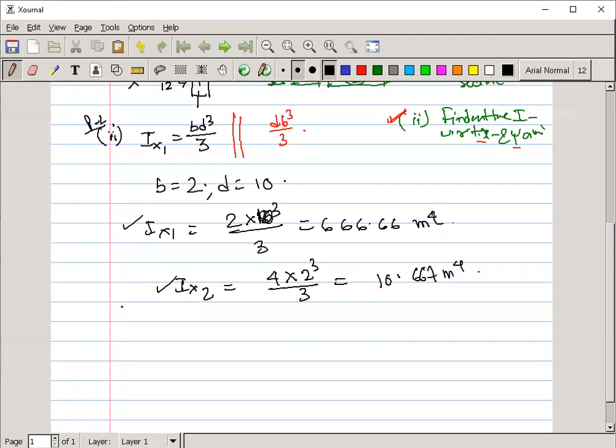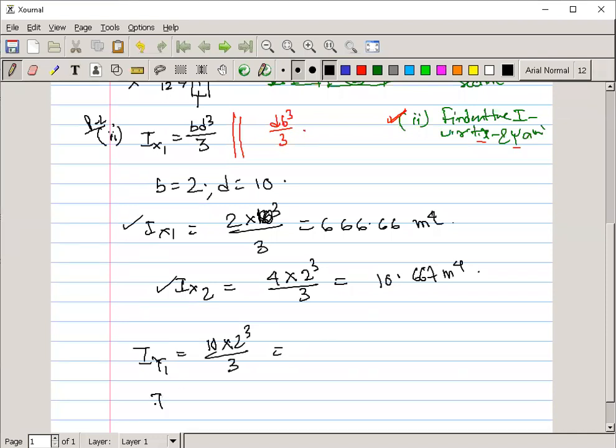Now the same thing we have to do for I of y, section 1. Same thing we have to do, how much is it? BD cube and DB cube. So D is 10 into 2 cube by 3.